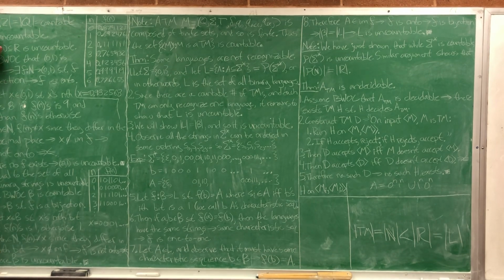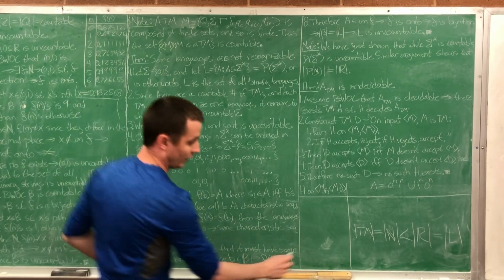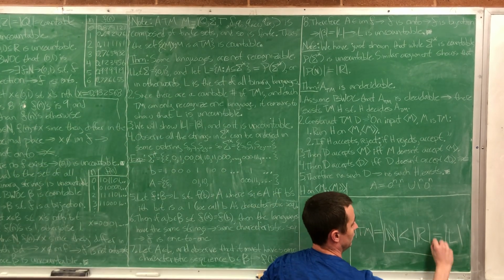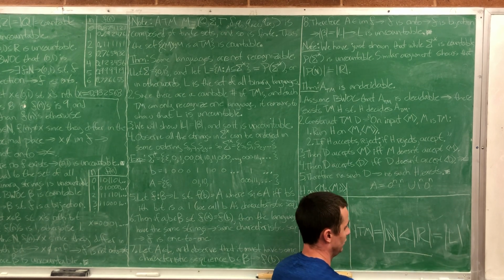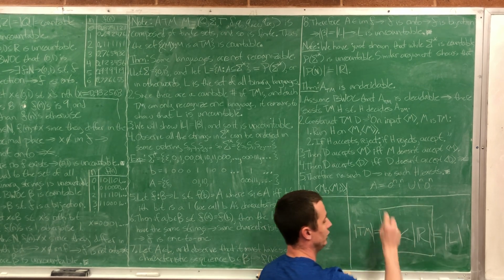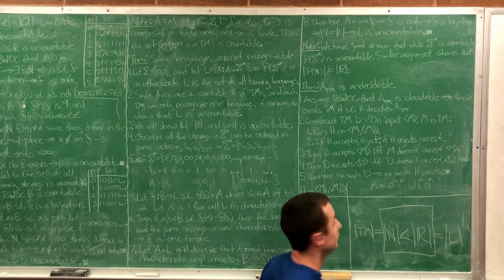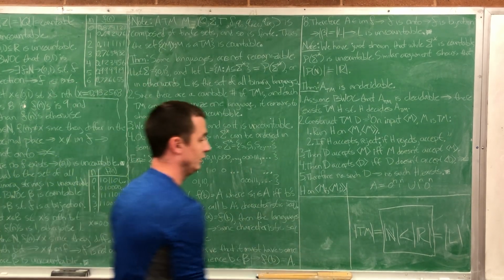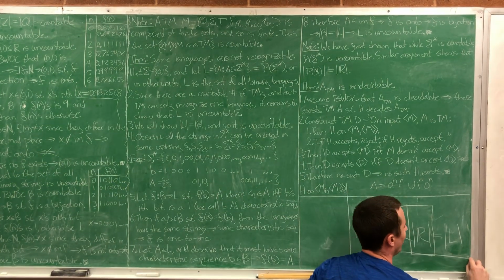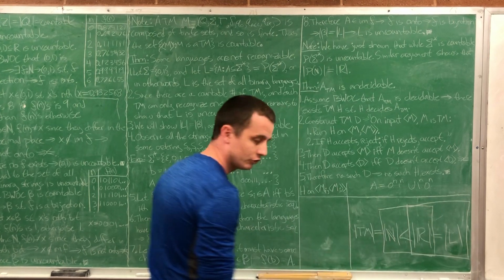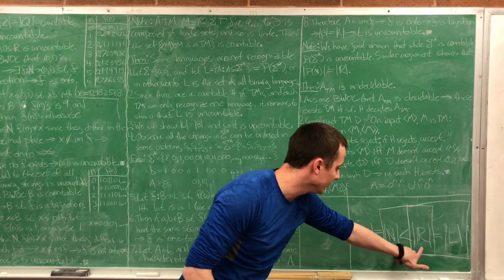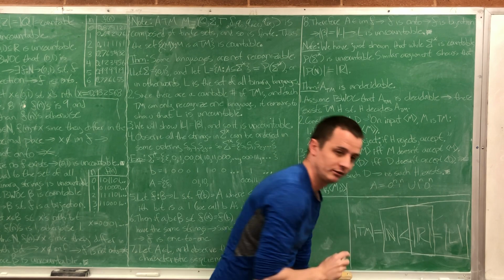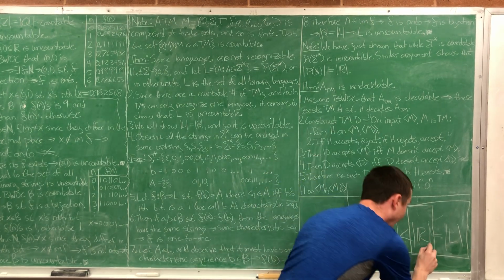So this proof right here is showing this part. It's showing n is smaller than r. This right here is showing this part. R is equal to L. Use different strategies there. To show this, you show that you cannot map this to this. To show this, you show that you can map this to this.